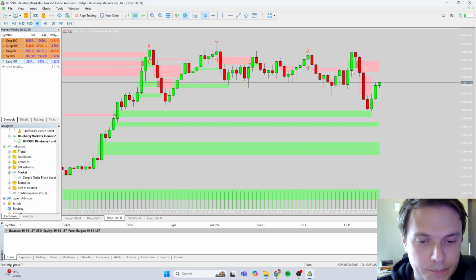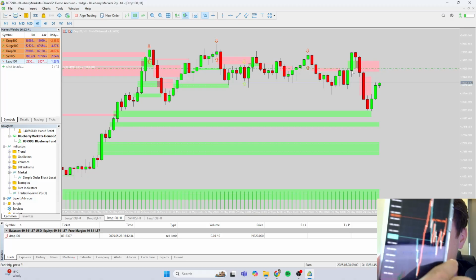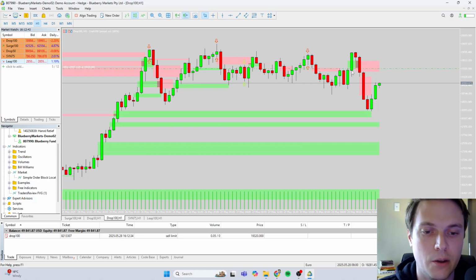We're going to put the sell limit at 19320. Okay, done. Okay, guys, you will see there's a red line there. So we placed the sell limit there on drop.